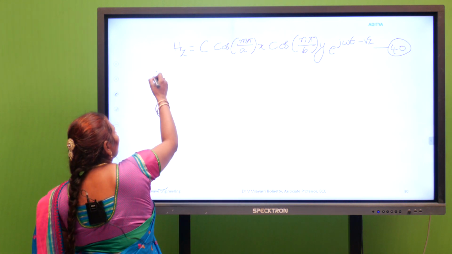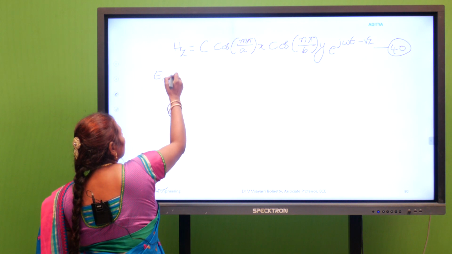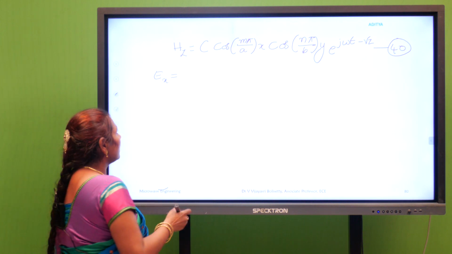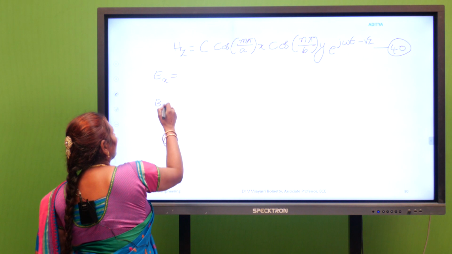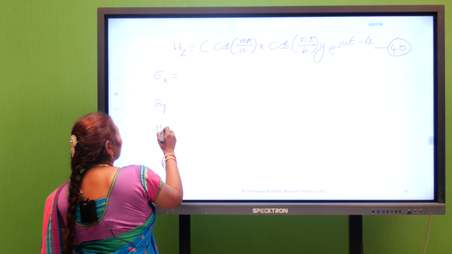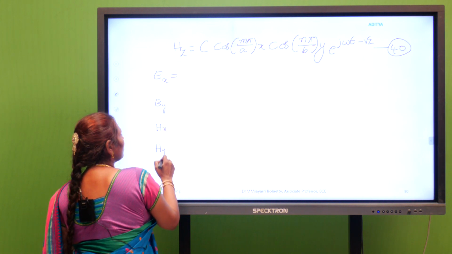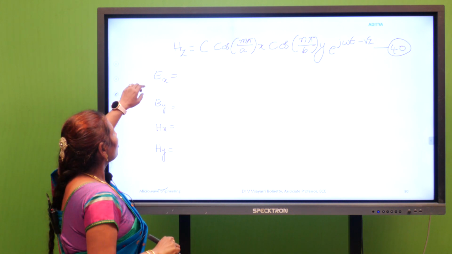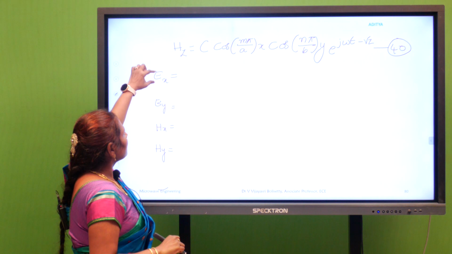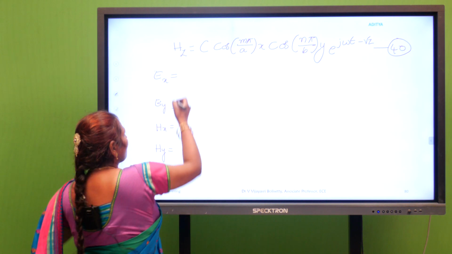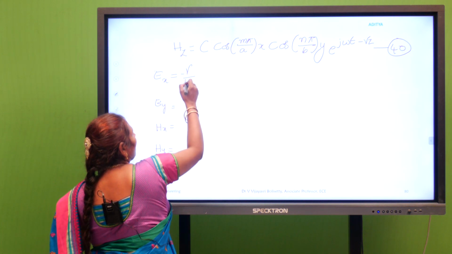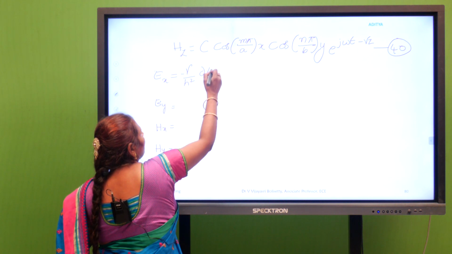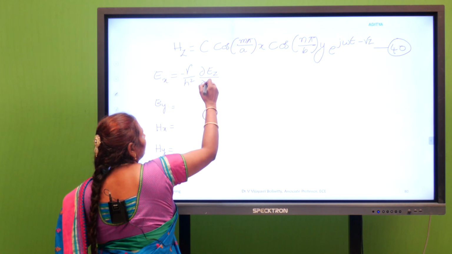As we have explained, the field expressions are Ex, Ey, Hx and Hy. Let us write them once again. For E with respect to x, the first component is minus gamma by h square dou Ez by dou x.